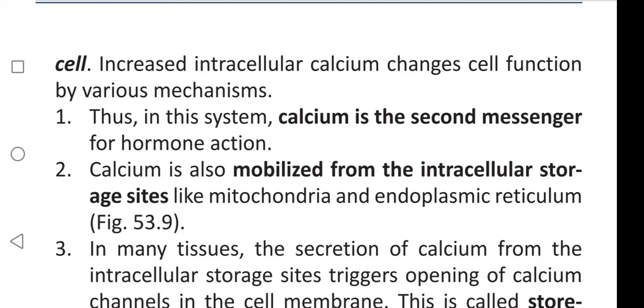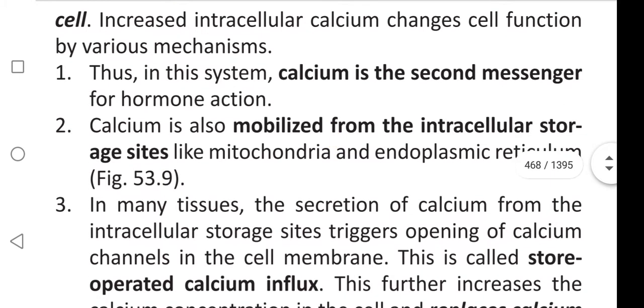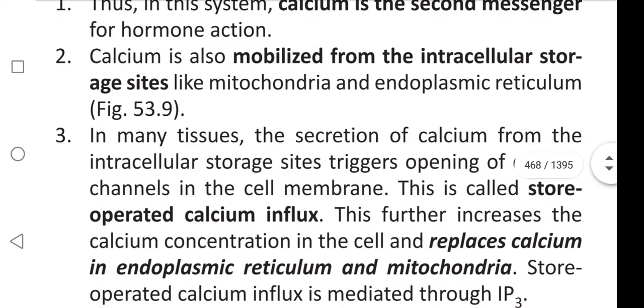First, in this system, calcium is the second messenger for hormone action. Calcium is also stored in intracellular storage sites like mitochondria and endoplasmic reticulum. In many tissues, release of calcium from the intracellular storage sites triggers opening of calcium channels in the cell membrane.